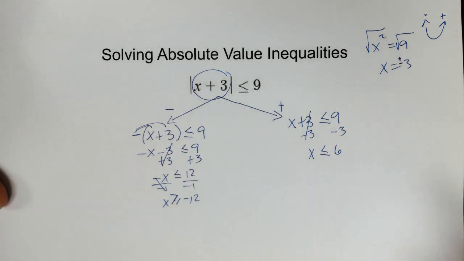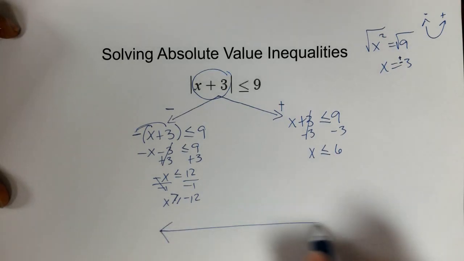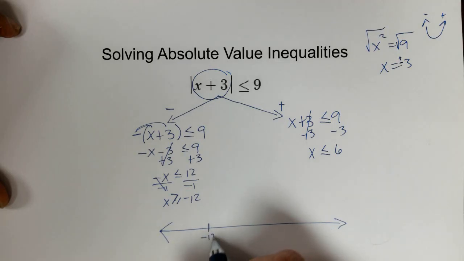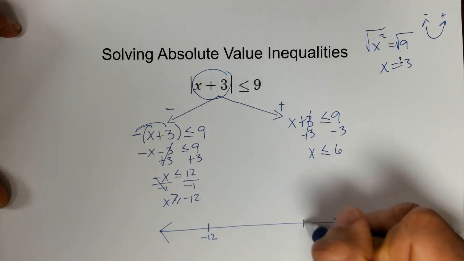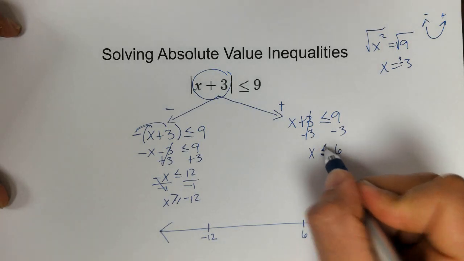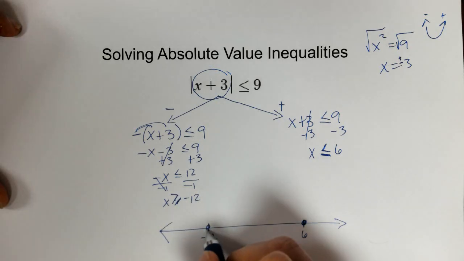All right, so what are we working with here? If I graph this as an inequality or as a number line, I can graph the solution. So I'm going to go to negative 12, which is on the left. Positive 6 is on the right. Since there's an equal symbol here, we're going to put a closed dot. Same thing here, closed dot.